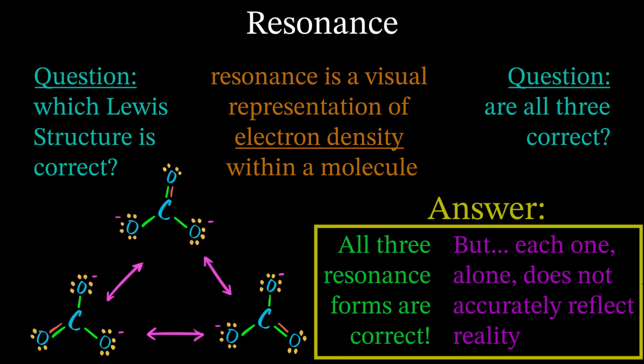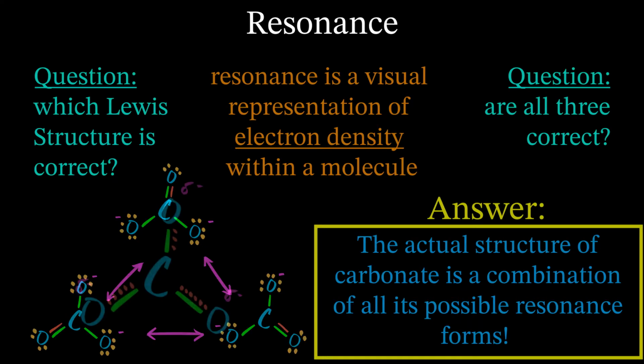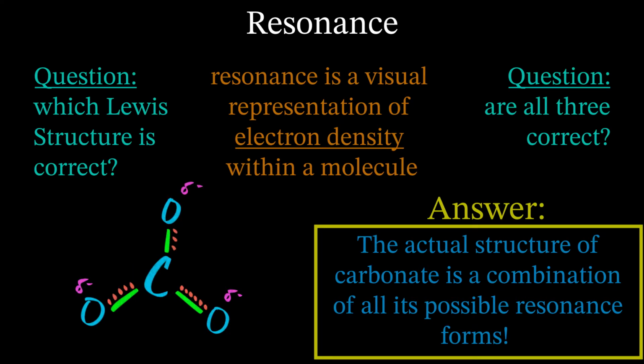So we're in this weird middle ground. Yes, each one of those is a representation of carbonate, but none of them reflects reality. These three structures are more for us as humans to help us visualize where the electron densities lie. The reality is that carbonate is actually a combination of all three of these resonance structures.